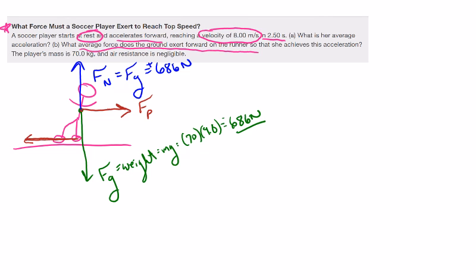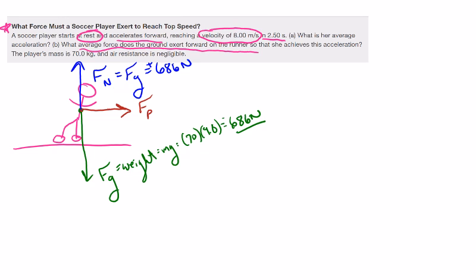So this force and this force are the same, and I'm not actually doing anything with this other one. So I'm going to erase this one down here because that force was the force she pushes on the ground, but we're looking at the forces acting on her. That's our free body diagram. And in this particular case, that's a forward force. It says air resistance is negligible, so there's no friction forces, there's no air pushing back on her.